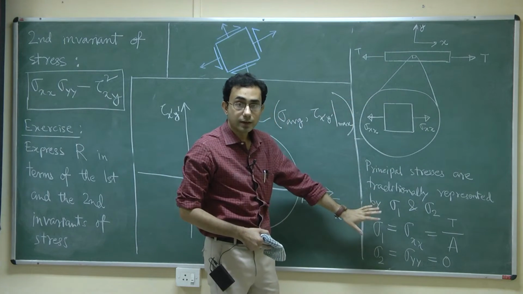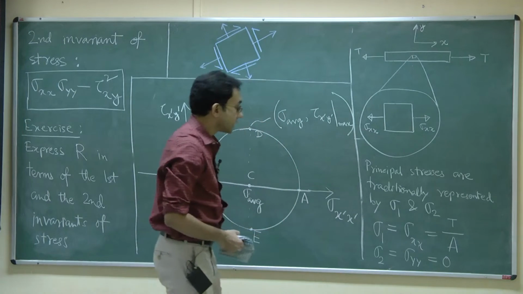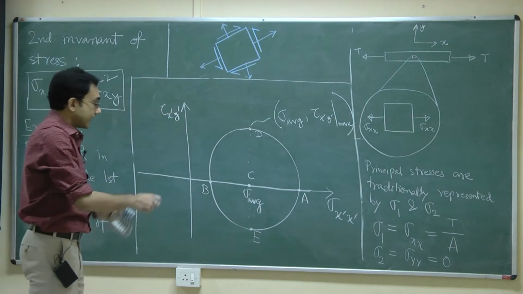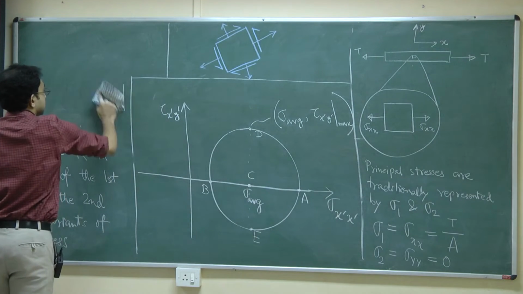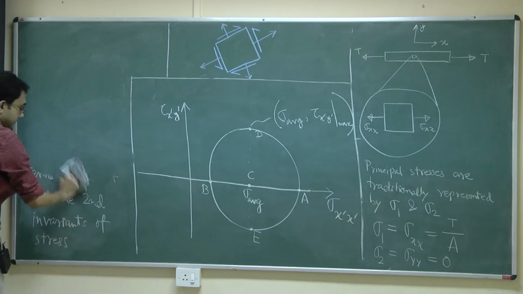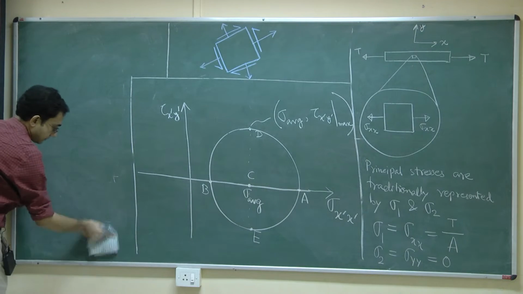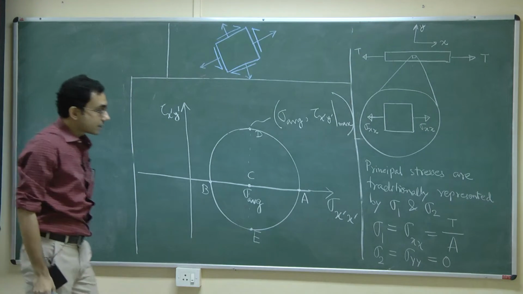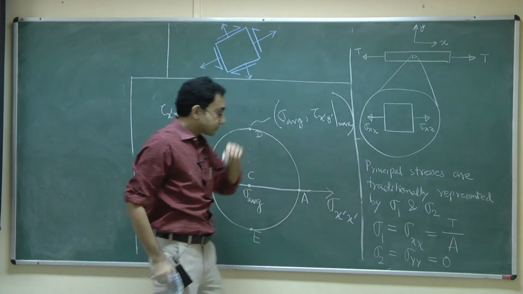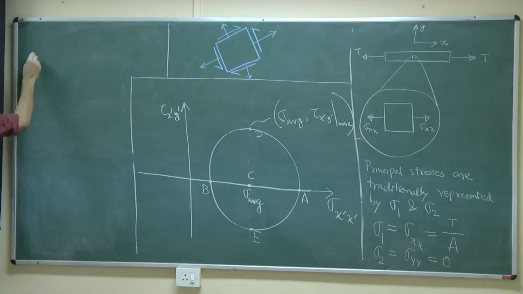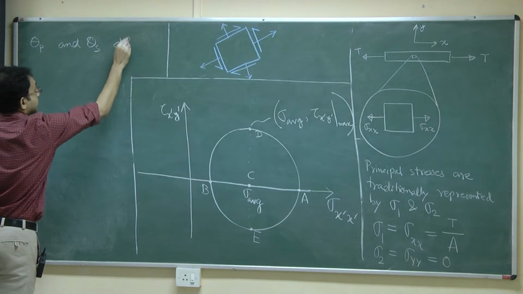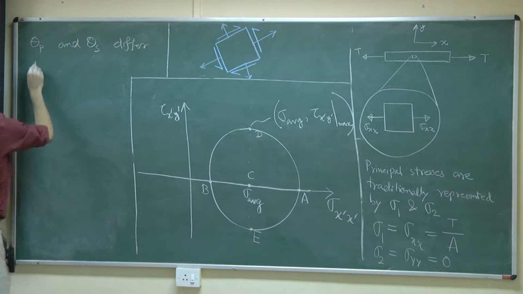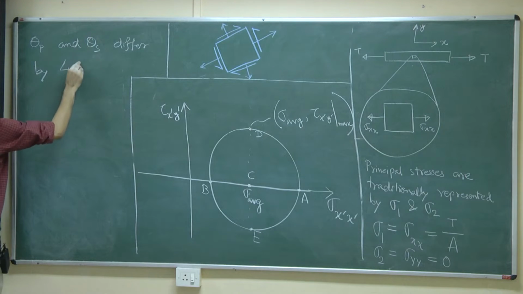All this is fine, but how does it pertain to the connection with my shear stress? Well, I consider this one, the sigma 1. So, theta p and theta s differ by 45 degrees.